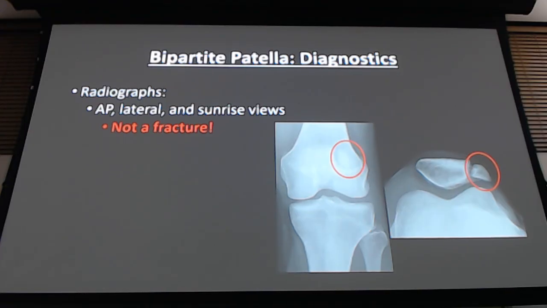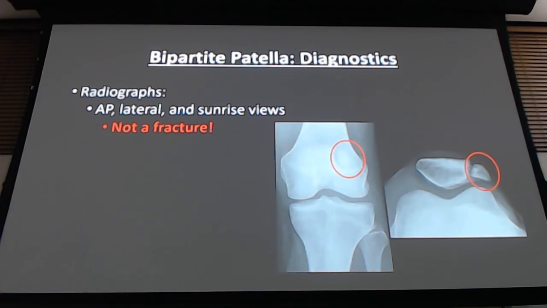If you look at the margins of this bipartite patella, it looks like a perfectly fitting puzzle piece. Those edges are smooth and round, okay? If they're jagged or indistinct, then it might be a fracture.